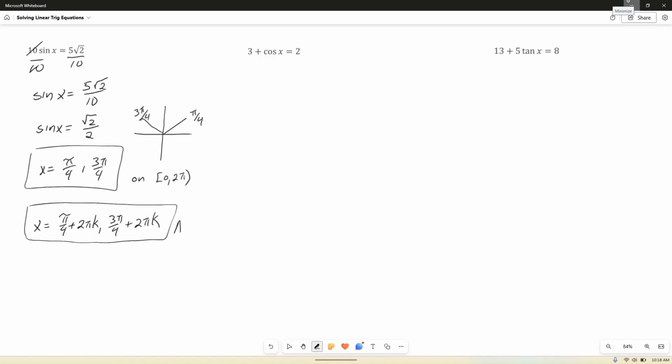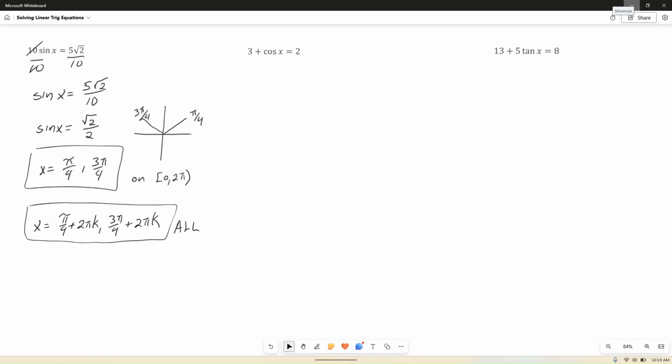That tells me what all solutions look like. They're all going to be coterminal with pi over 4 or 3 pi over 4 as we rotate around the unit circle forever, both in the positive and negative direction. And so we'll always have those coterminal values. All right, let's try the next one.